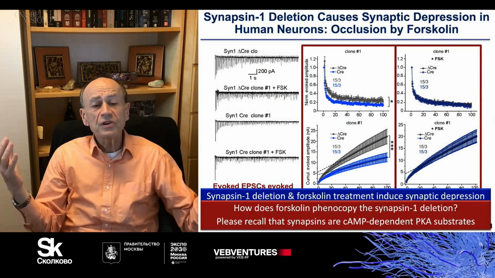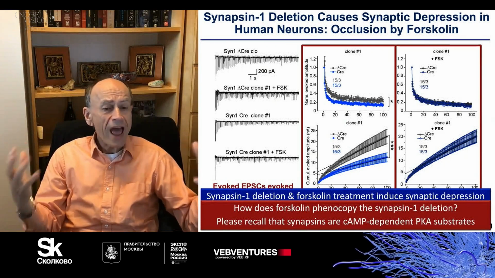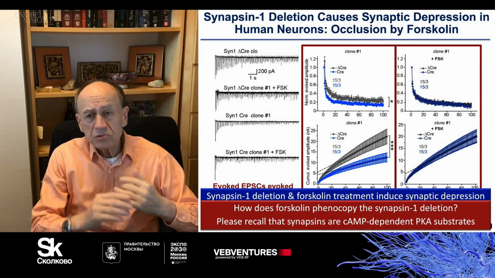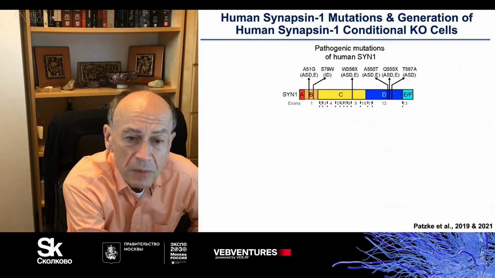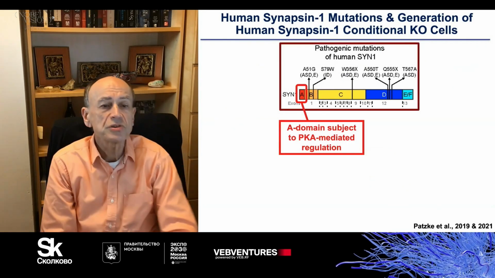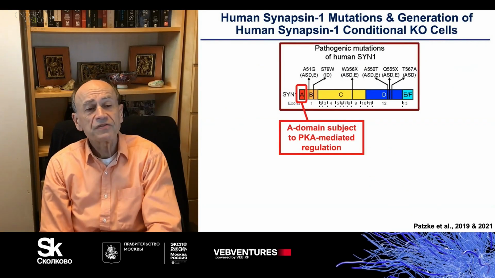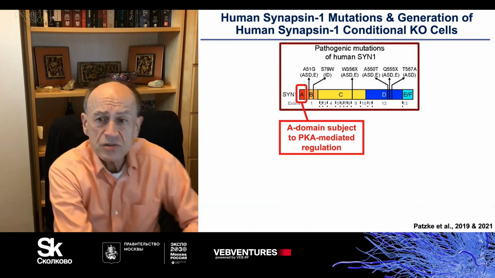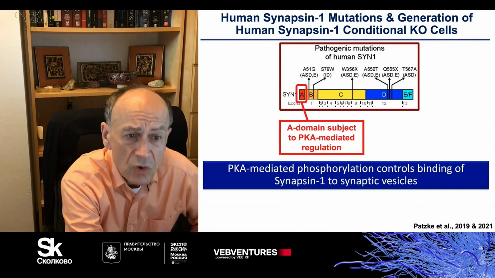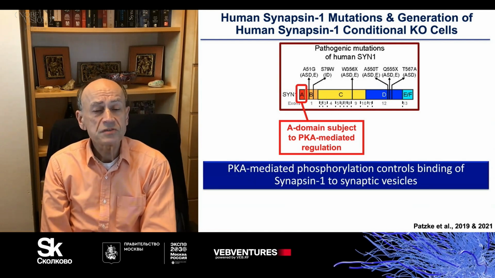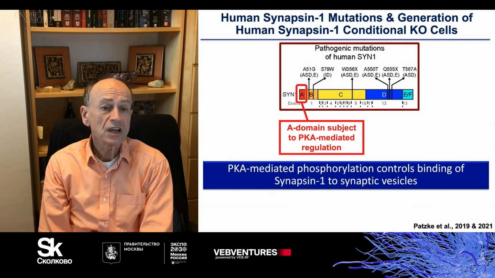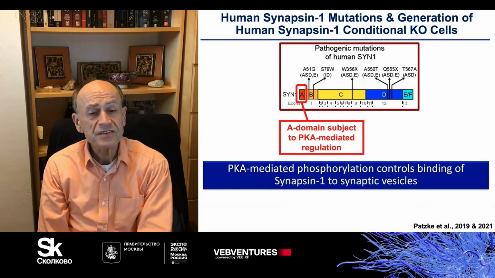How does forskolin phenocopy the synapsin 1 deletion? What happens? And now I want you to recall that synapsins are cyclic AMP dependent protein kinase substrates, which I showed you earlier, where there is this phosphorylation site at the N-terminus of synapsin 1. So PKA-mediated phosphorylation controls binding, as it turns out, of synapsin 1 to synaptic vesicles.